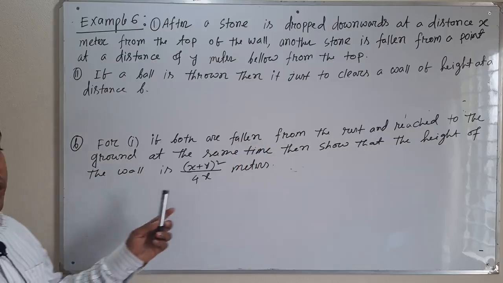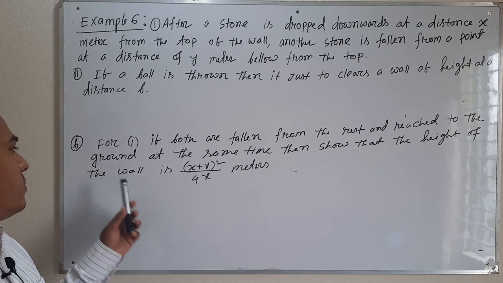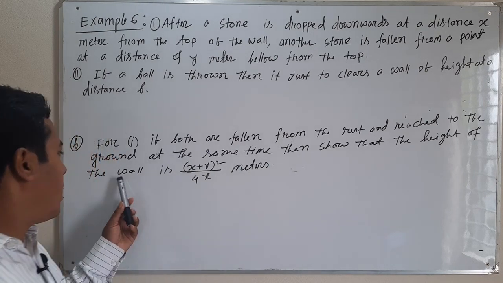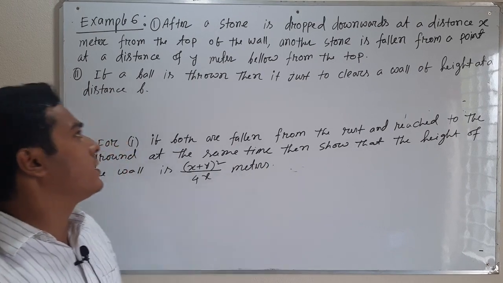Okay. Question B: for 1, if both are falling from the top and reach the ground at the same time, then show that the height of the wall is (x plus y) whole square divided by 4x meter.